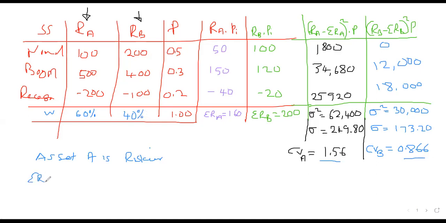It is simply the weight for asset A times the expected return for asset A, plus the weight for asset B times the expected return for asset B. The weight for asset A was 0.6 and the expected return for asset A was 160. The weight for asset B is 40%, which is 0.4, and the expected return for asset B is 200.